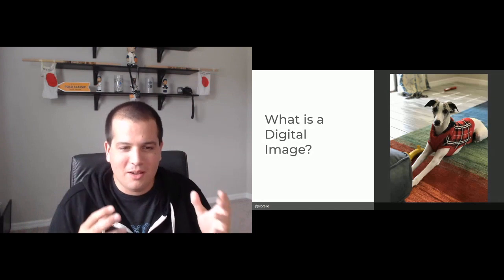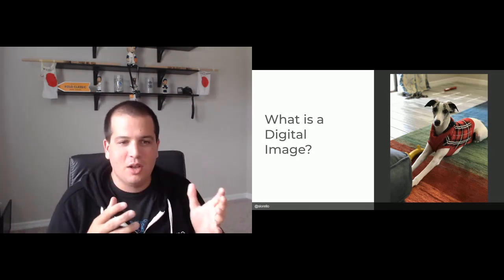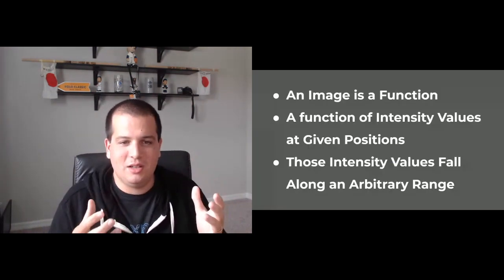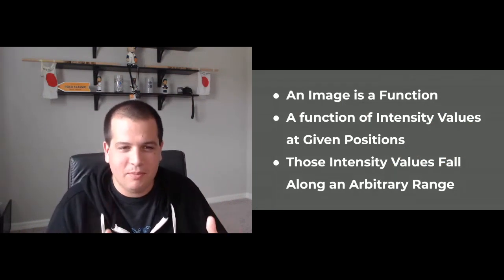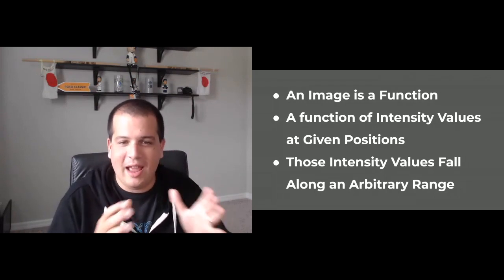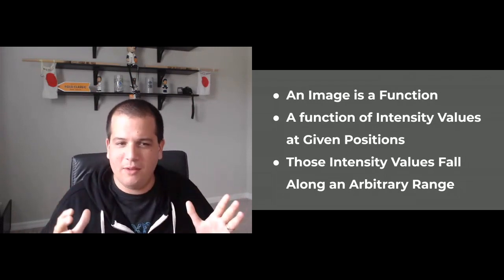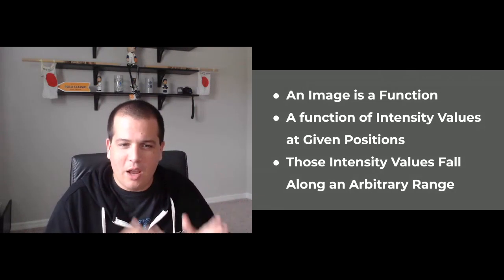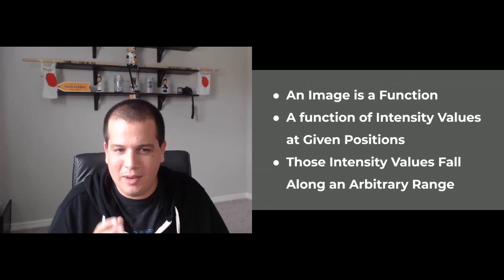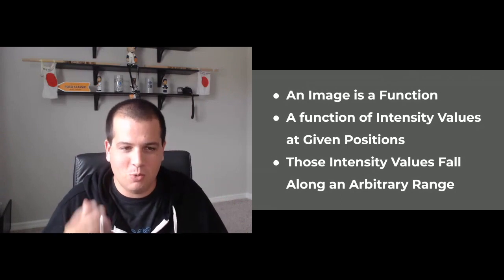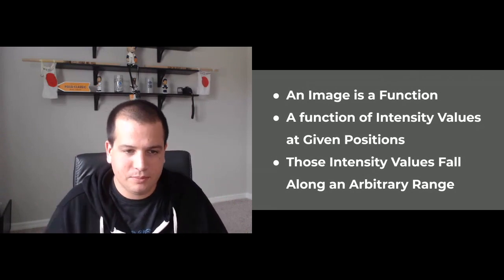Those intensity values, which you might know as pixels, are just light intensities along arbitrary ranges. For example, a range of a byte, 0 to 255. Now, there's no rule that says they have to fall in that range, 0 to 255. It's just convention. And oftentimes when we're looking at grayscale images, those numbers will be on the range of -1 to 1, or sometimes 0 to 1.